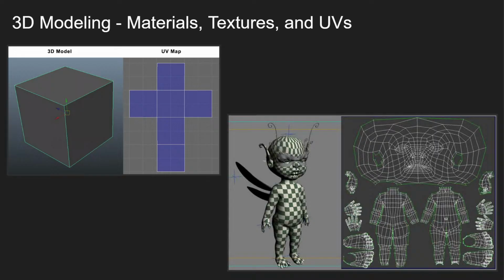Now, if you went with something much more complicated, like this character model of a pixie, in order to unwrap the surface of the 3D model so that it's flat, you wind up with something that looks like this. And the points here are called UVs.